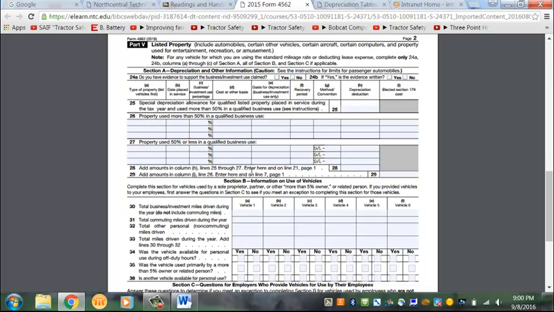So you have to determine the business percentage for these types of assets, and if it's anything less than 100% business use, that is what you are depreciating. So if it's only 75% business use, you're only going to depreciate 75% of the cost of that truck or that car.